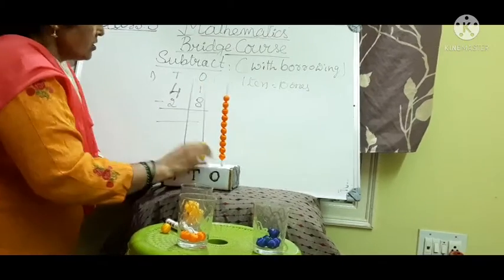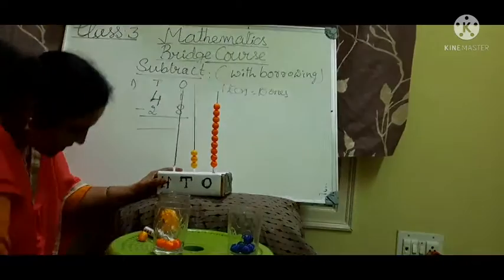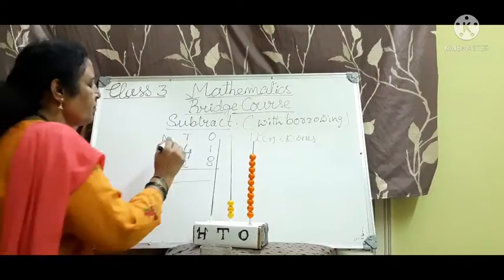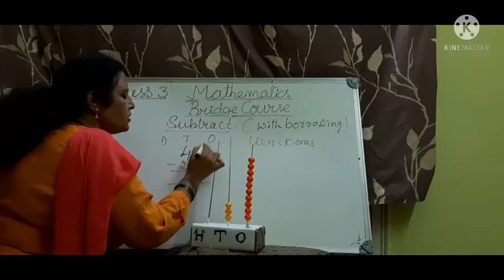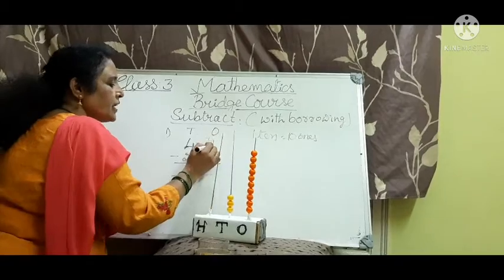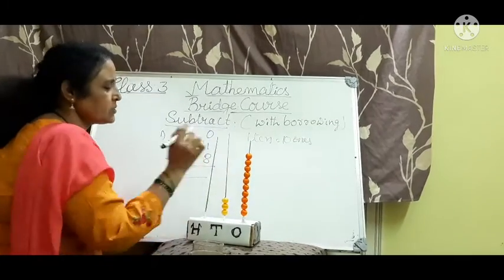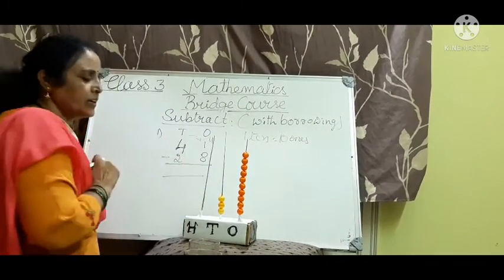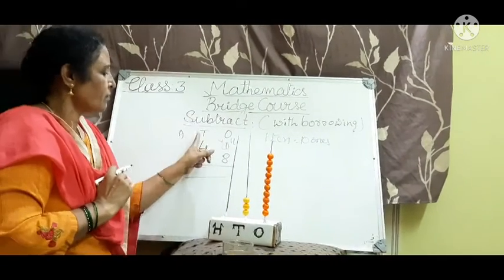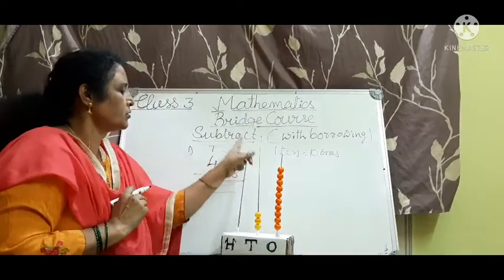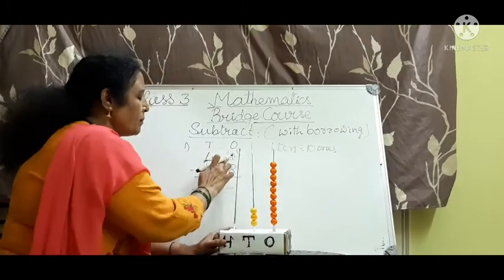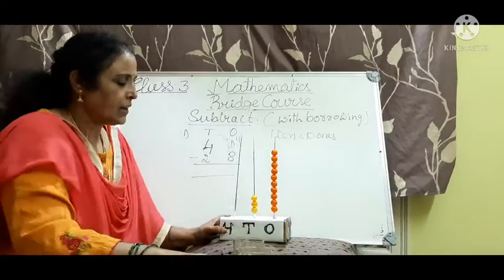We have taken 1 ten from the tens place to the ones place. Then 1 ten equals 10 ones. 10 plus 1 is 11. It will now be 11.